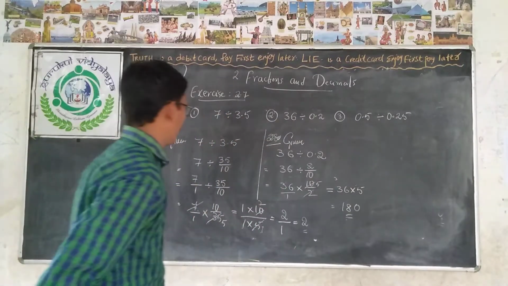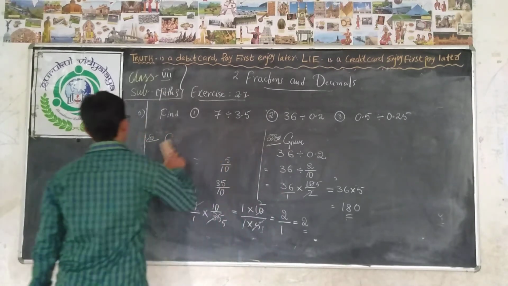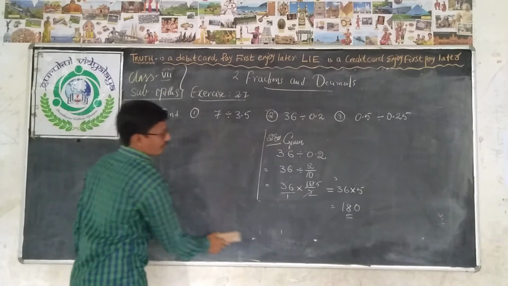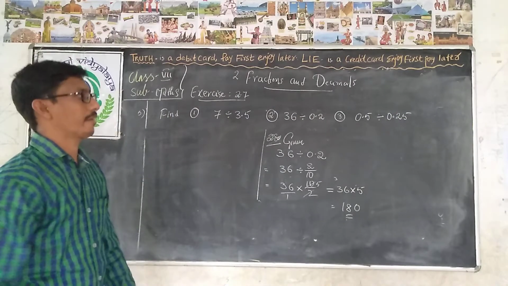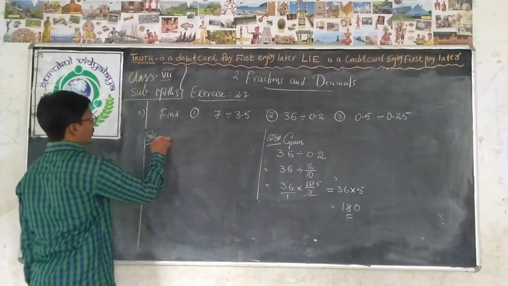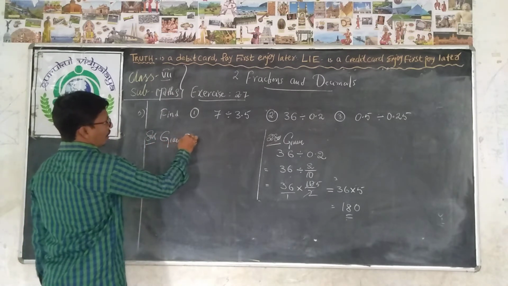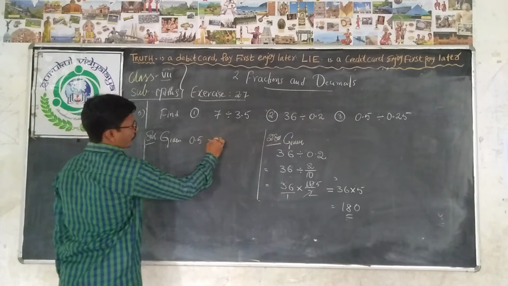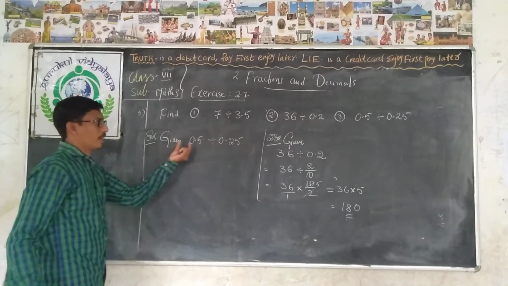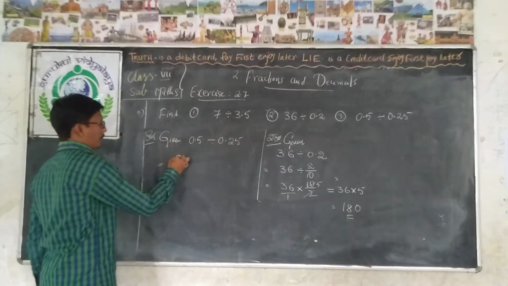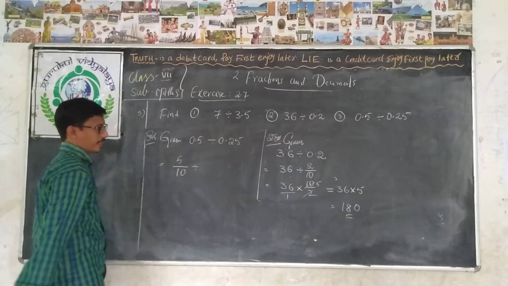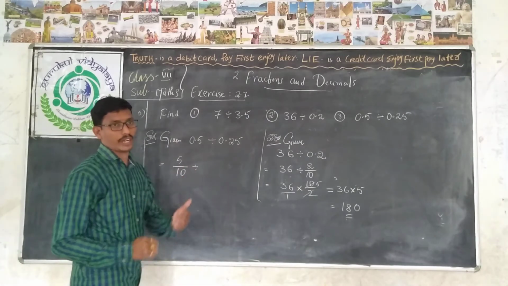Now coming to the last problem. 0.5 divided by 0.25. Given 0.5 divided by 0.25. Now 0.5 is a decimal number, converted into a fraction, and 0.25 converted into fractional way.